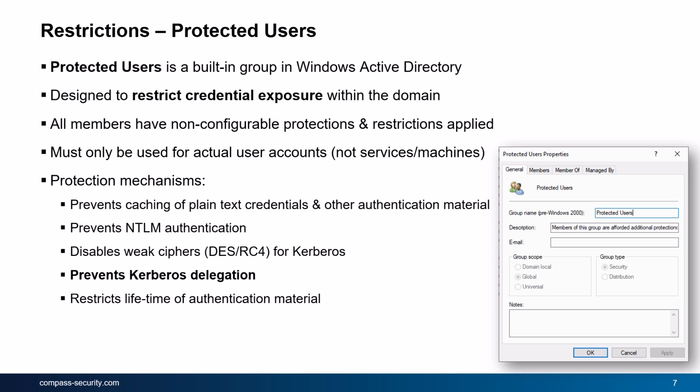Weak ciphers will automatically be disabled, so no DES or RC4 for Kerberos tickets, for example. And among other things, it will also prevent Kerberos delegation. Lastly, the authentication material is also more time restricted, so the window of abuse is shorter. And again, as with the sensitive users, this group is empty by default, so there are no members of it.